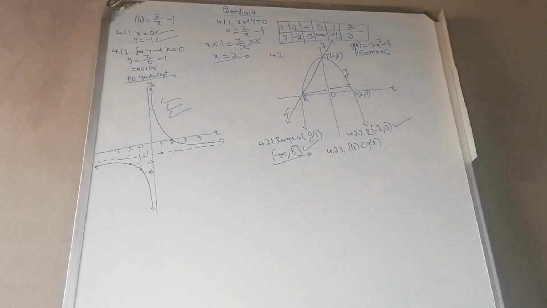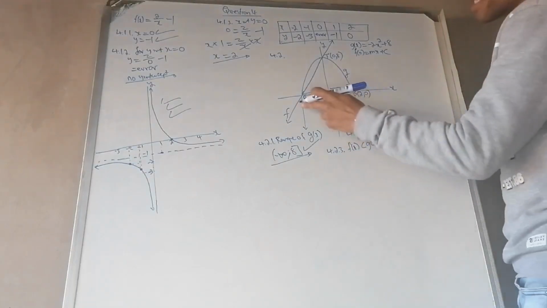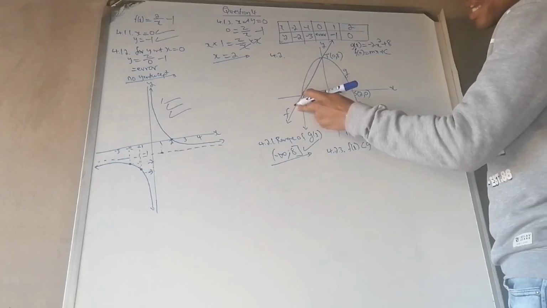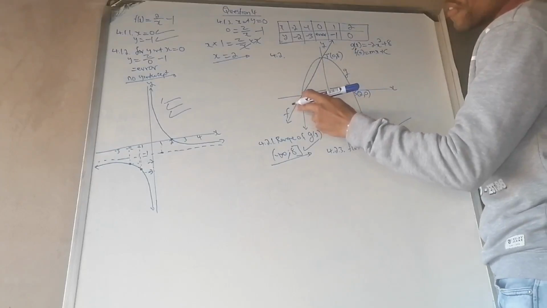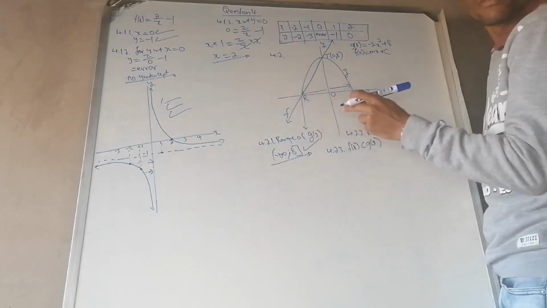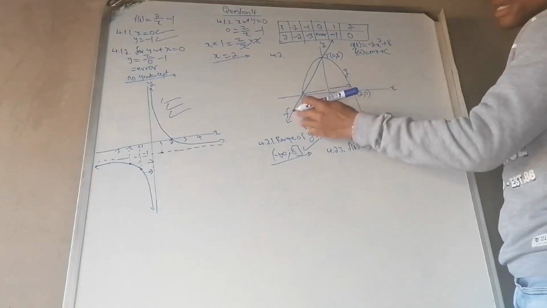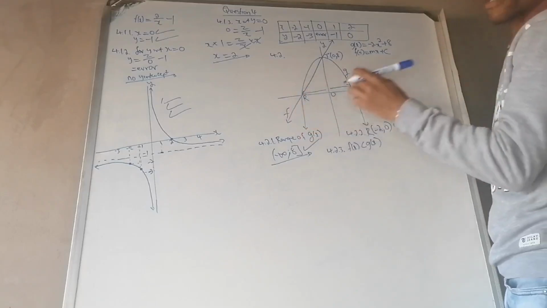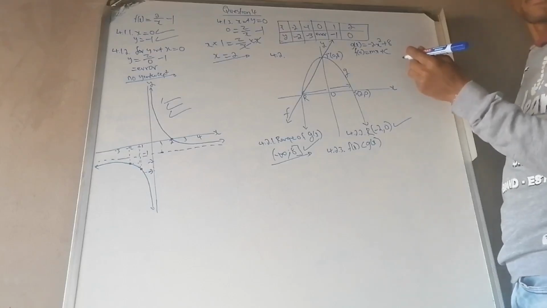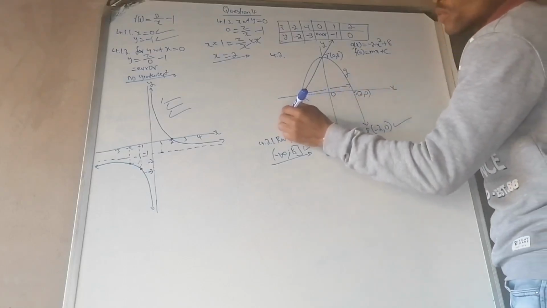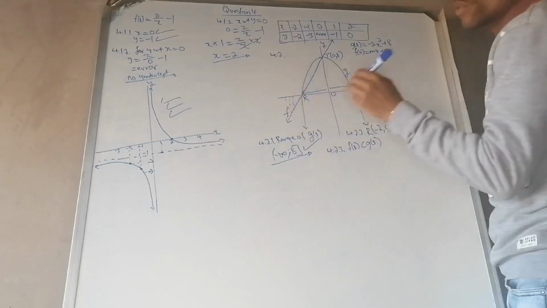We can look at where the graph of f is below the graph of g. Where is the graph of f below the graph of g? Is it below or above? The values of x.